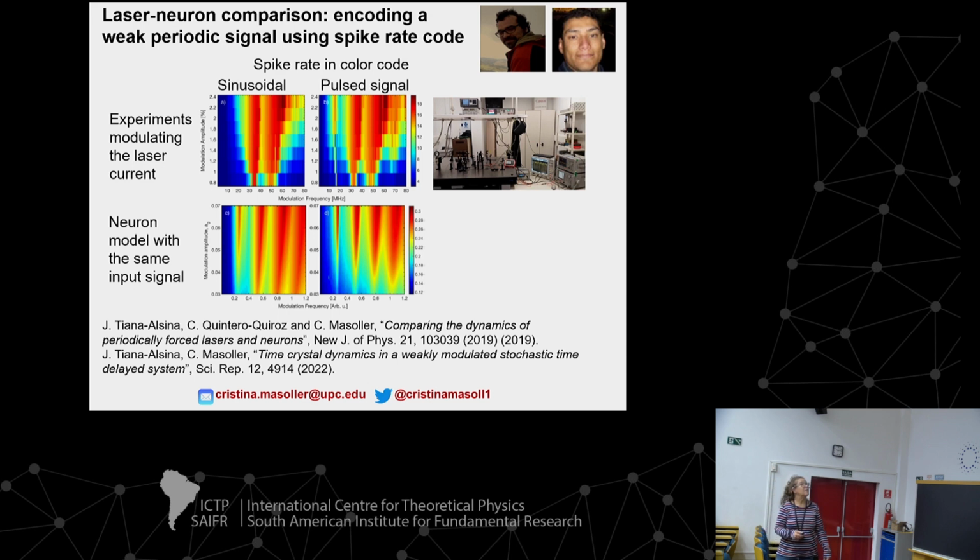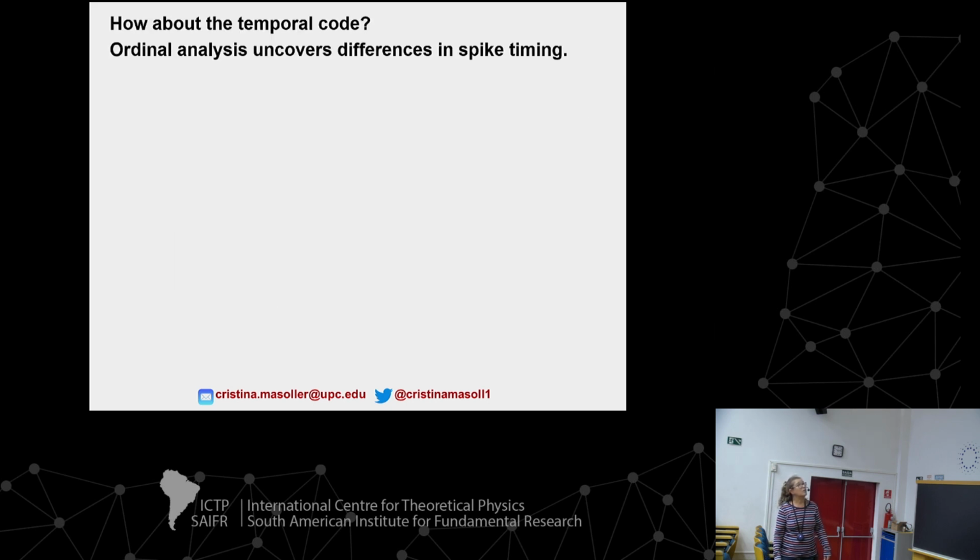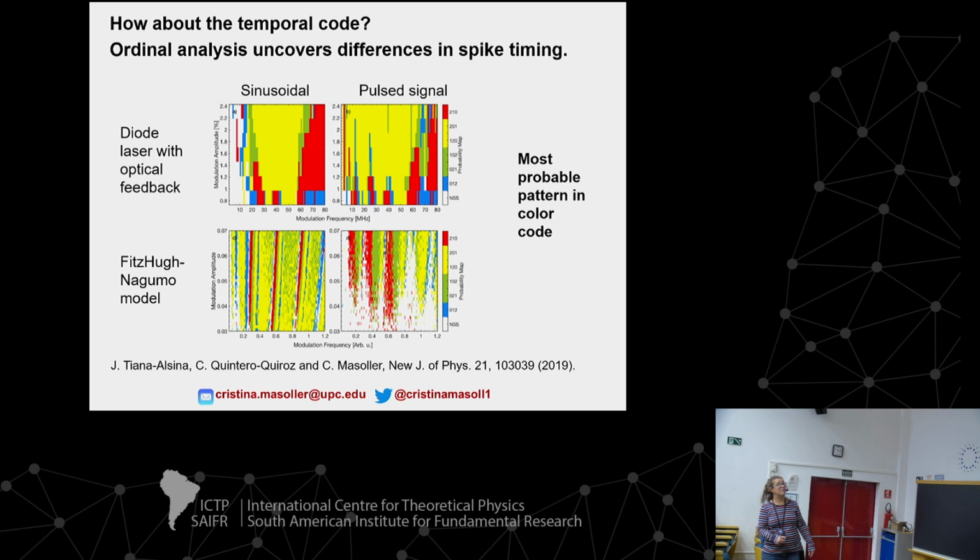And if we go beyond the spike rate analysis and look at the temporal code, the ordinal patterns, we find a lot of difference. So this is in color code, which pattern is the most expressed. So for instance, in the yellow region, this pair, which always take the same value more or less, we add them up, is the most probable pattern.